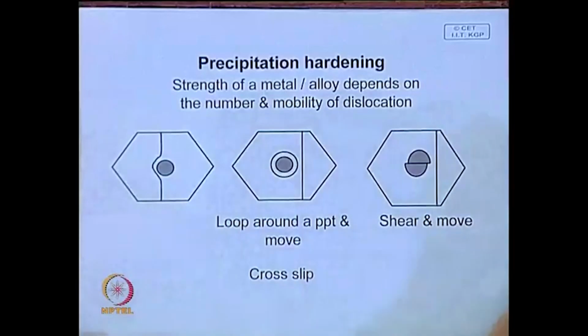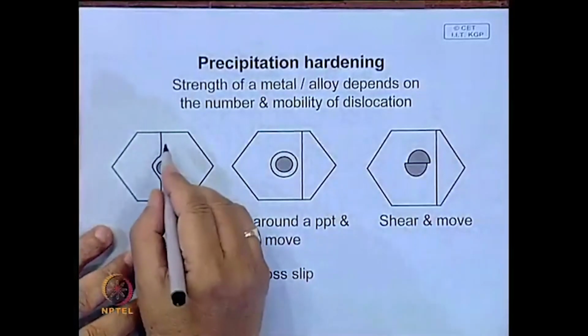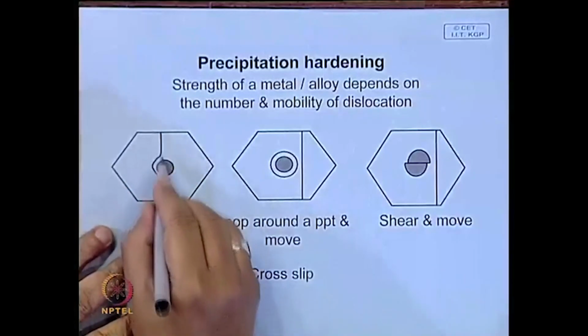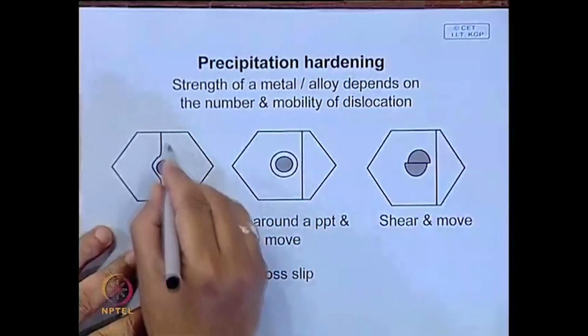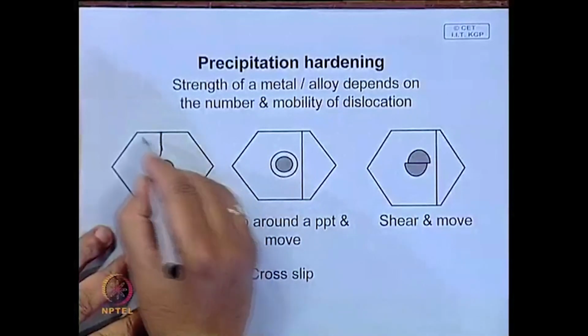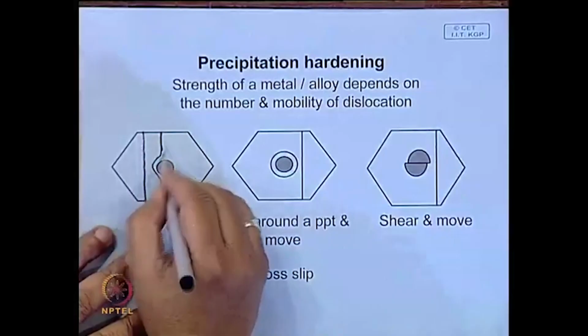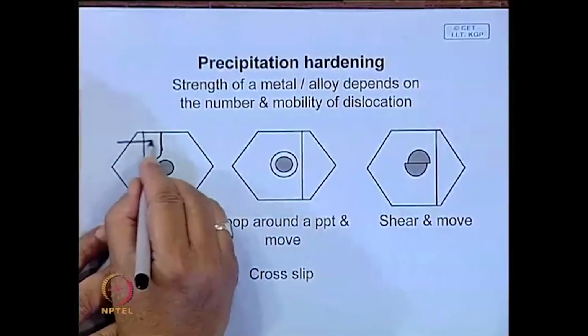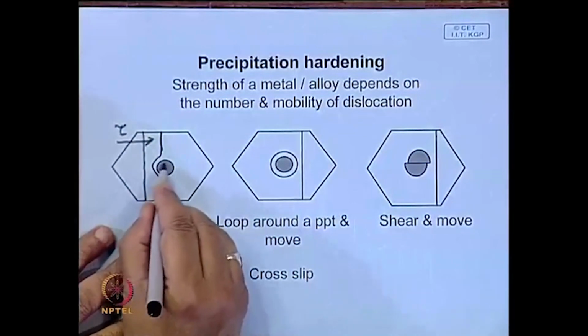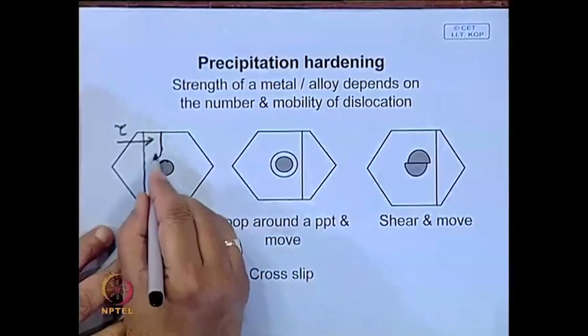Now, let us look at the process of hardening. What we said is that the strength of a metal depends on its ability to move a dislocation in the lattice. Suppose this is a grain, this is a precipitate, and you have a dislocation. If it is somewhere here, it will be straight, and when you apply shear stress tau, you push the dislocation, and this precipitate opposes the dislocation movement.